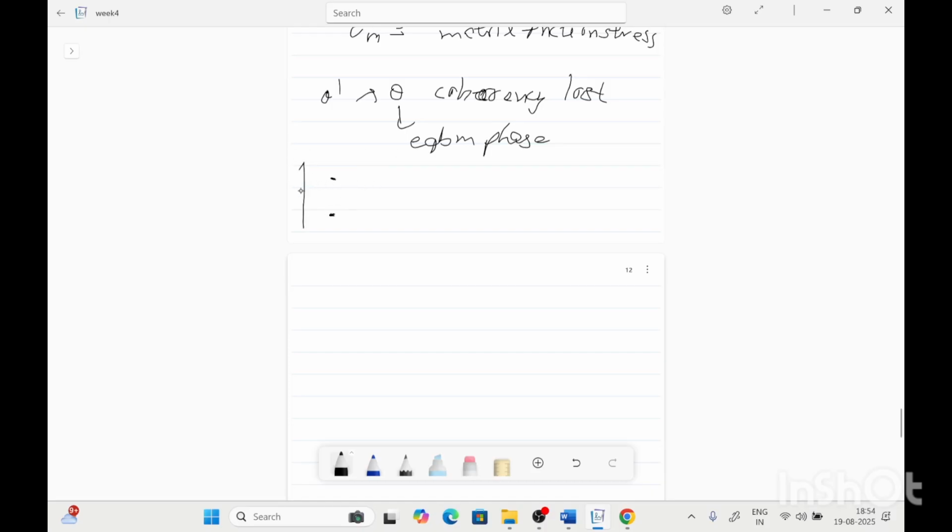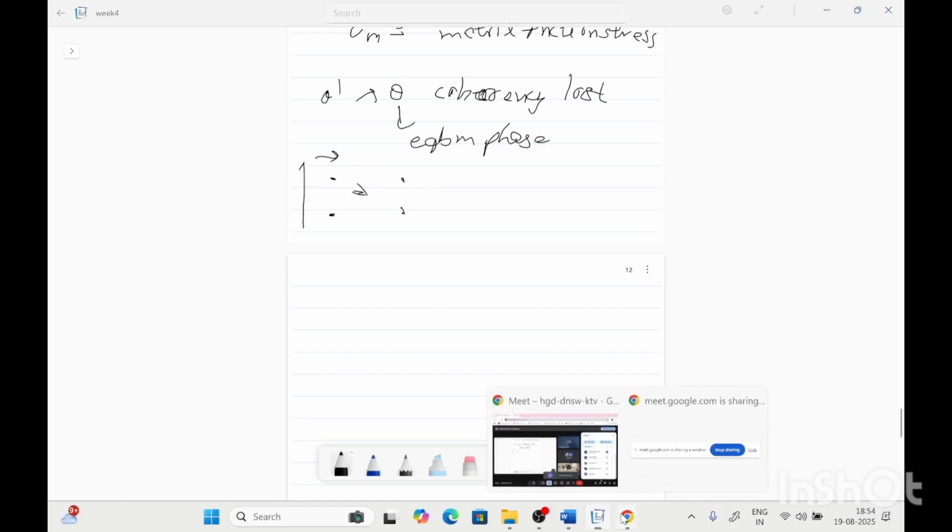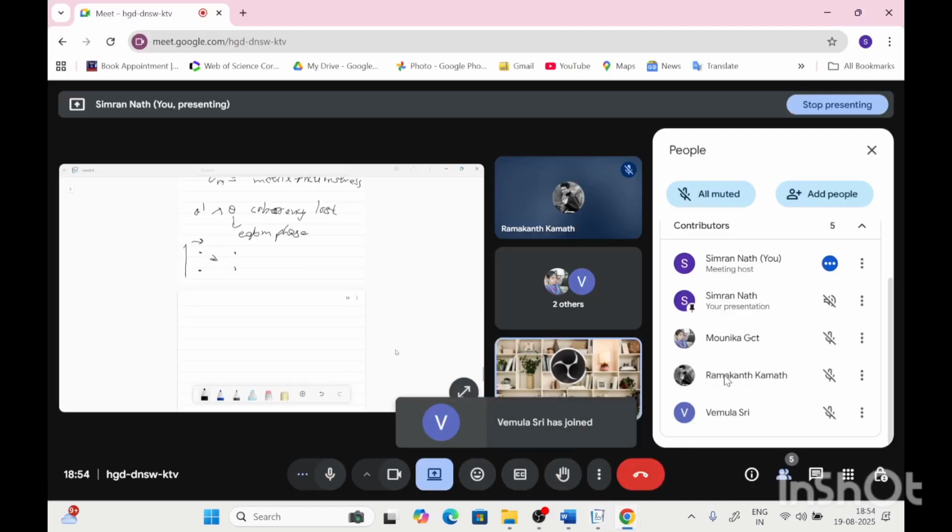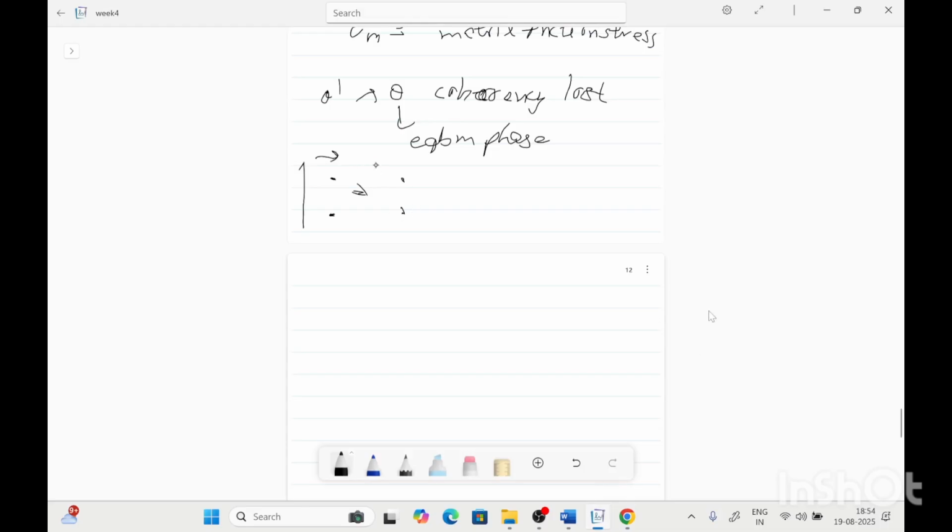It will pass through these precipitates, and the dislocation line will go on these precipitates. Further, it will form this type of structure.